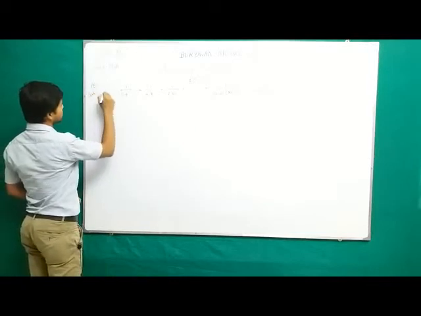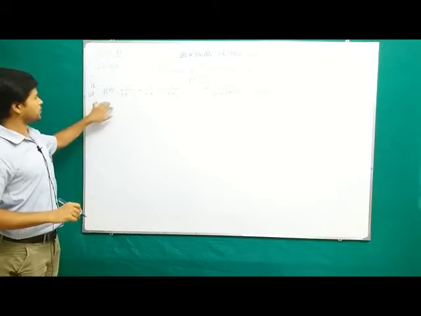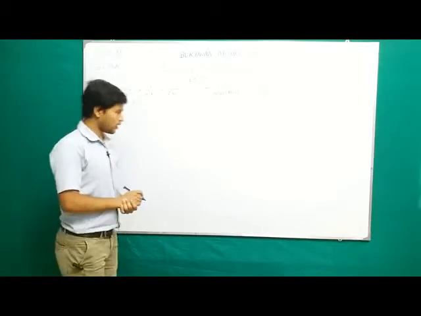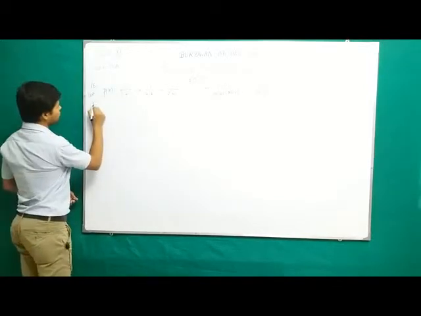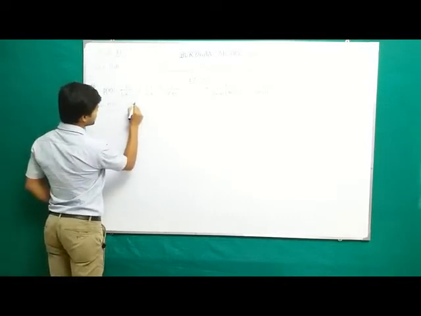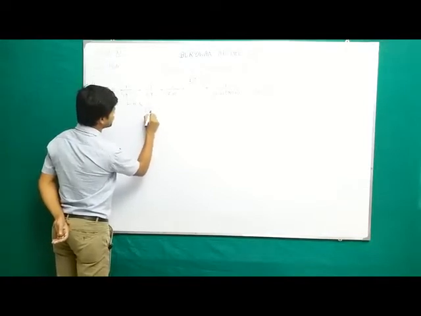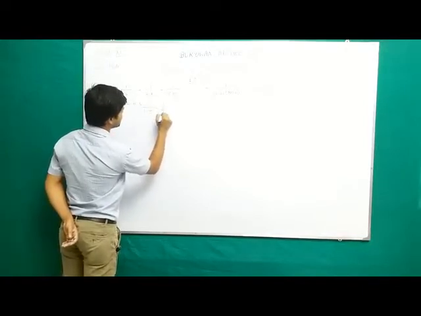We consider this statement as P of n. Now put n equal to 1. For n equal to 1, the left hand side becomes 1 by 1 into 4, so that is 1 by 4.